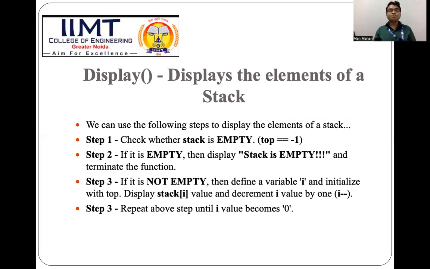In step two, if the stack is empty, then we terminate the function. And in step three, if the stack is not empty, then we take a variable i for a loop, initialize it to the top value, i equal to top, and we decrement the value of i, using a for loop to display the array elements in the stack. This process continues until the i value becomes 0.